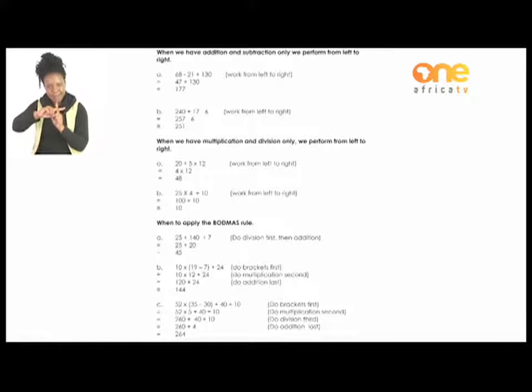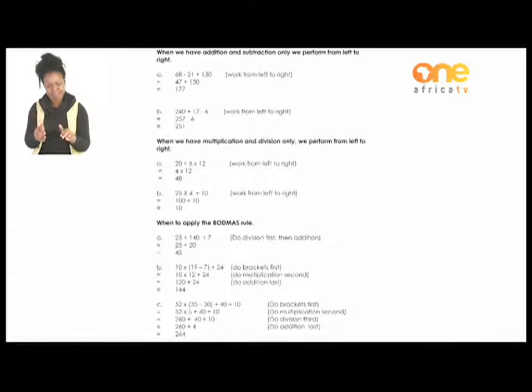So equals 260 and then 40 divided by 10 equals 4. So I'm left with 260 plus 4. And now I do my addition sum last, and that is equal to 264. Boys and girls, I hope you understood BODMAS.